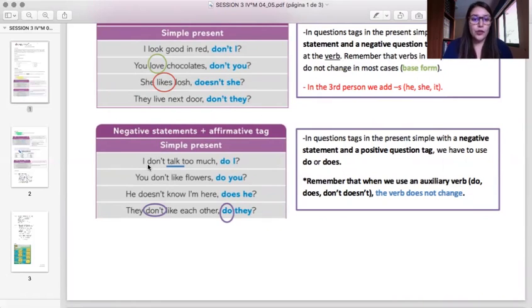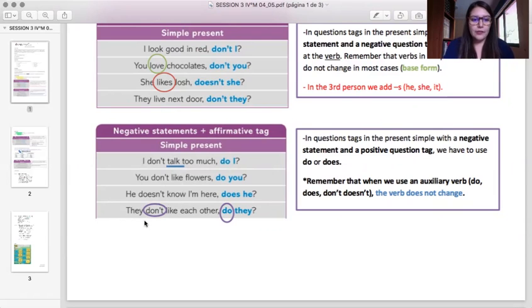We have don't, so we have to use do. Okay, you have to remember also that when we use do, does, don't, and doesn't, the verb doesn't change. Esto es lo importante. Hay que recordar que cuando utilizamos el presente simple y tenemos el uso del don't, del do, del does o el doesn't, el verbo no cambia.